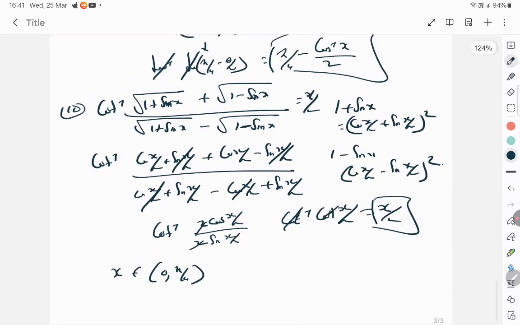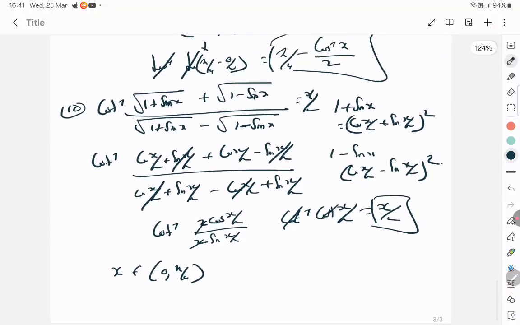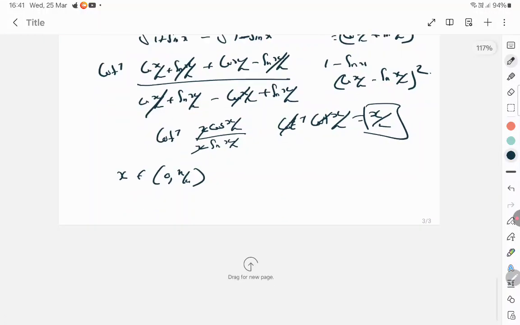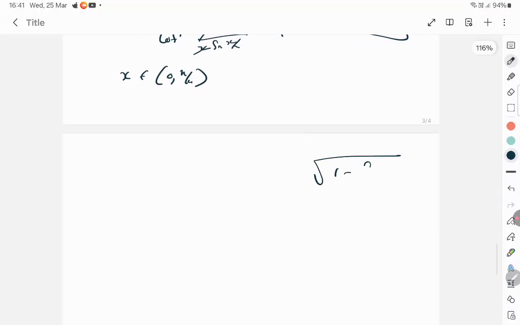The thing that I would like to tell you is that 1 plus sin x can be written as cos x by 2 plus sin x by 2 the whole square, or 1 minus sin x in other words. Let's see. Root of 1 minus sin x is there. Inside root, negative cannot come. It should be positive values.